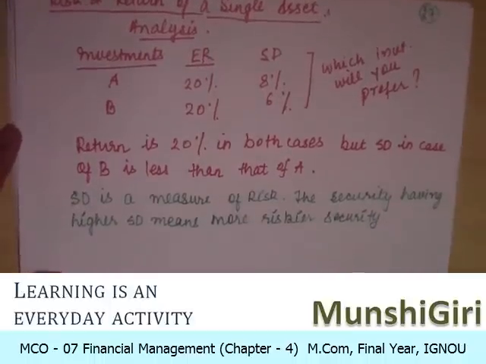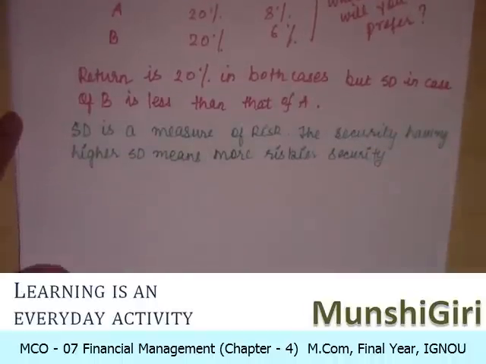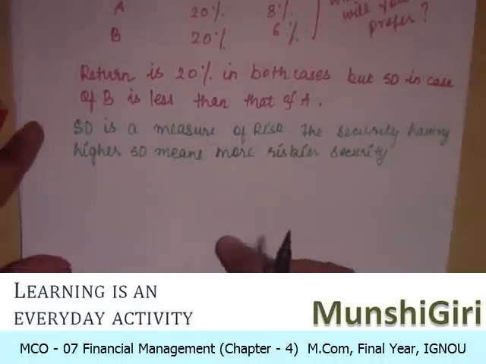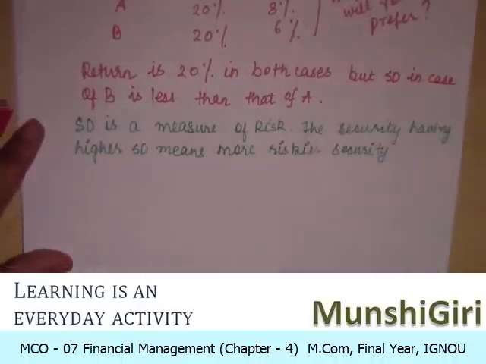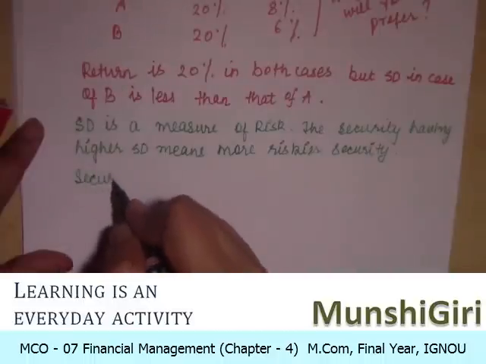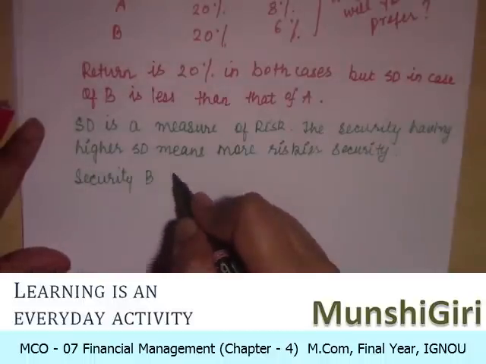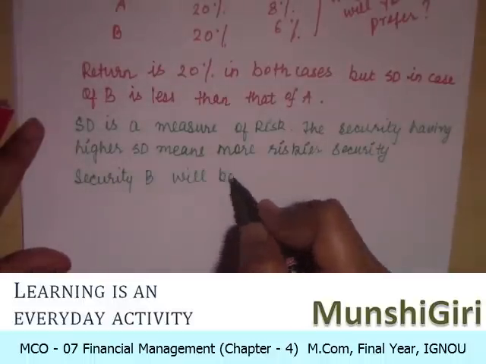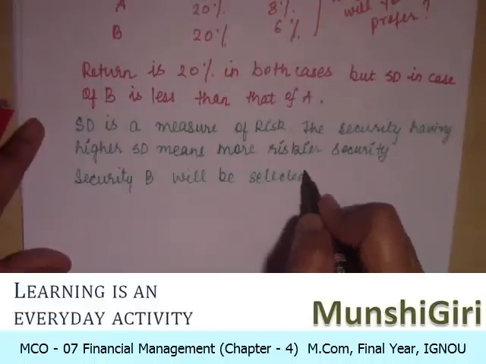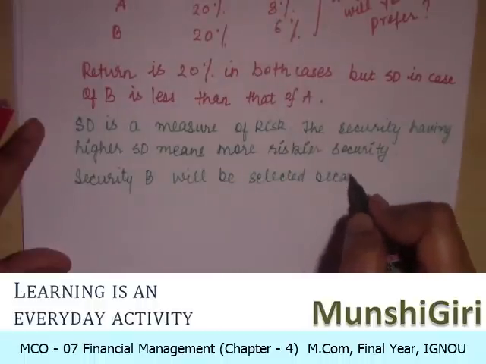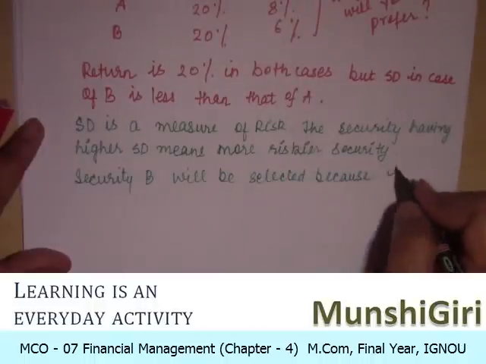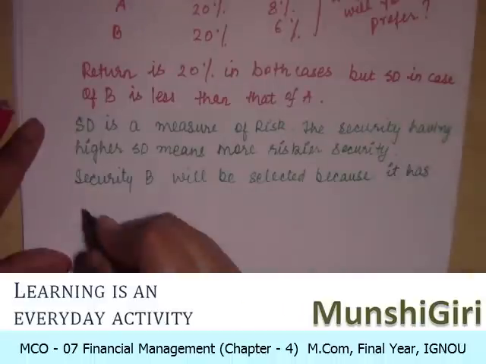Given the return of A and B the same, security B will be selected because it has lower risk.